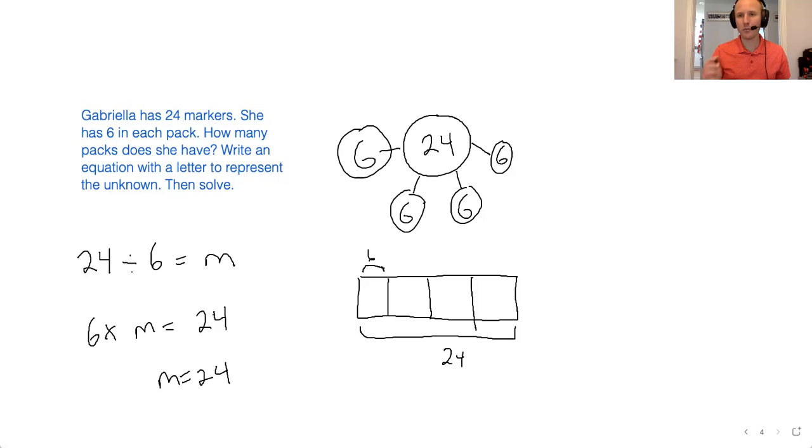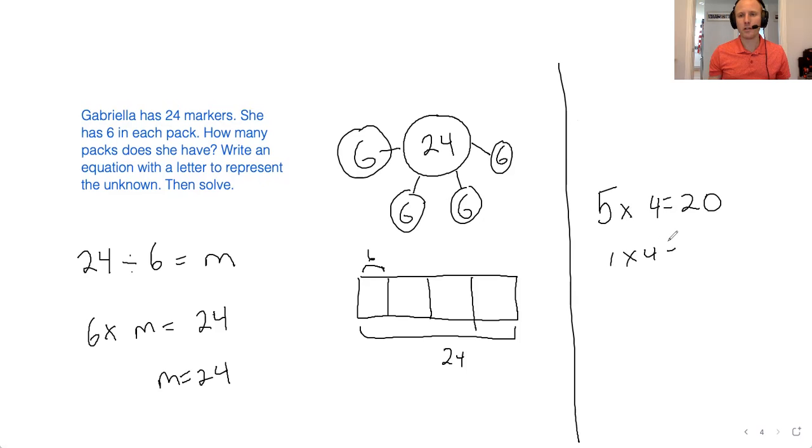Okay, so you might think to yourself, there's a different way to solve this. You might say, well, I don't know what 6 times something equals 24, but I know that 5 times 4 equals 20, right? And then I know that 1 times 4 equals 4, and I know 20 plus 4 equals 24.